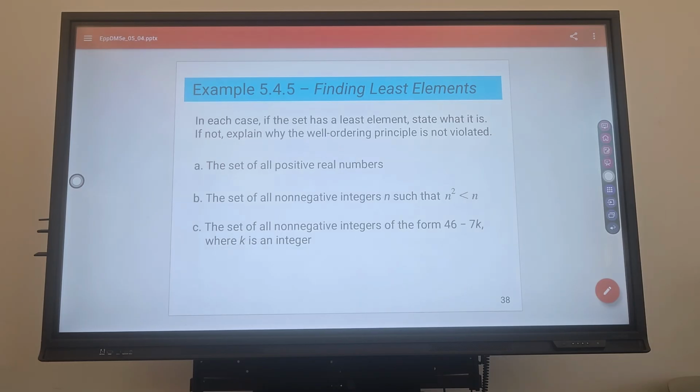And to keep them non-negative, you could go k equals 6, right? 46 minus 7 times 6, which is 42, so you'd get 4. So that would be the smallest non-negative integer of that form.